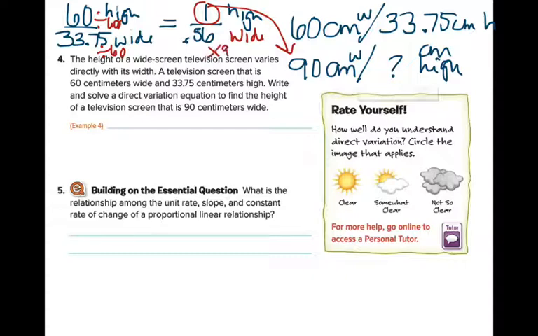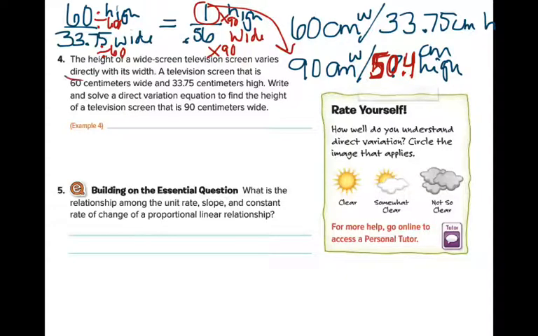So I'm going to multiply 0.56 by 90. Okay? And that's an x multiplication, not a variable x. So when I multiply 0.56 by 90, I get 50.4. So if you have a TV that is 90 centimeters wide, it's going to be 50.4 centimeters high.